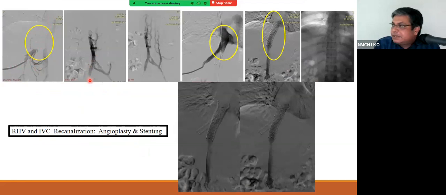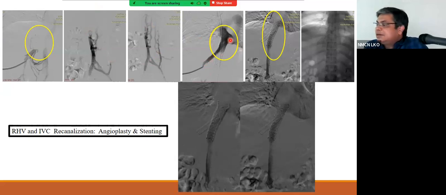In this dedicated venacavogram, via the transfemoral route, we can say there is obstruction of hepatic IVC with drainage via collaterals. So in this patient, angioplasty was done and stents were placed both in RHV and IVC with restoration of antegrade flow to the heart, both from RHV and IVC.